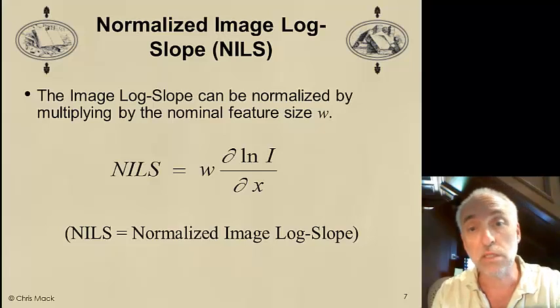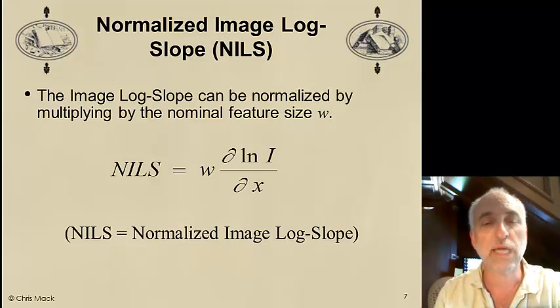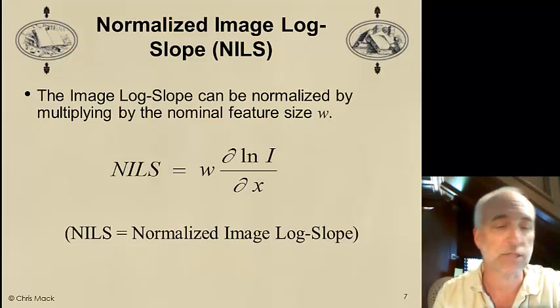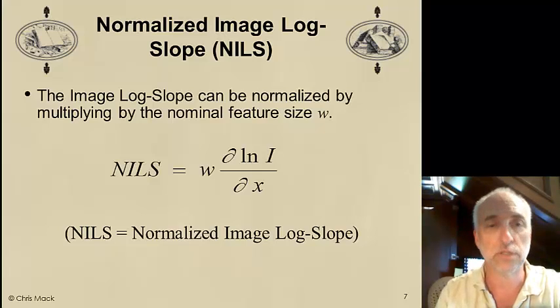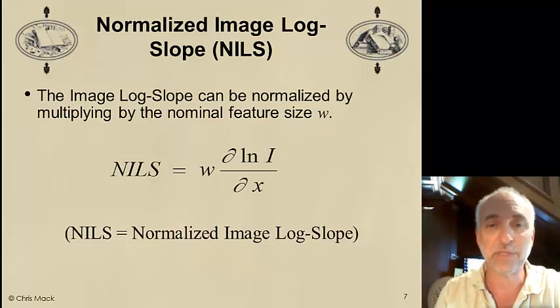But the main reason that we multiply by the nominal feature size W is because we care about CD errors as a fraction of the nominal. And we'll see why that is true in just a minute. So this will be our metric, the NILS, the normalized image log slope, which is simply the image log slope multiplied by the nominal feature size.